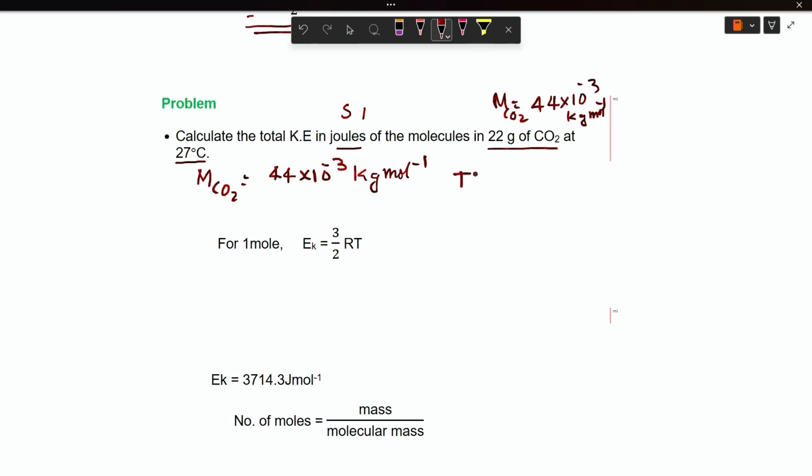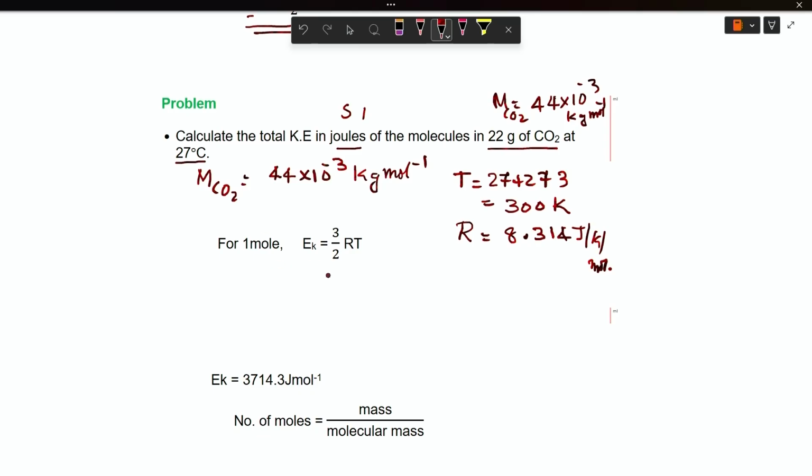The temperature is equal to 27 plus 273, that will be equal to 7, 10 carry over, it is 300 Kelvin. Okay. Then the value of R, you want that in SI units, it is 8.314 joules per Kelvin per mole.